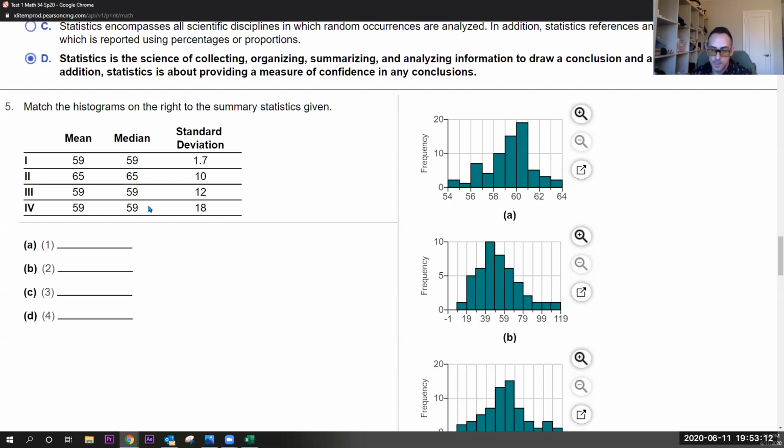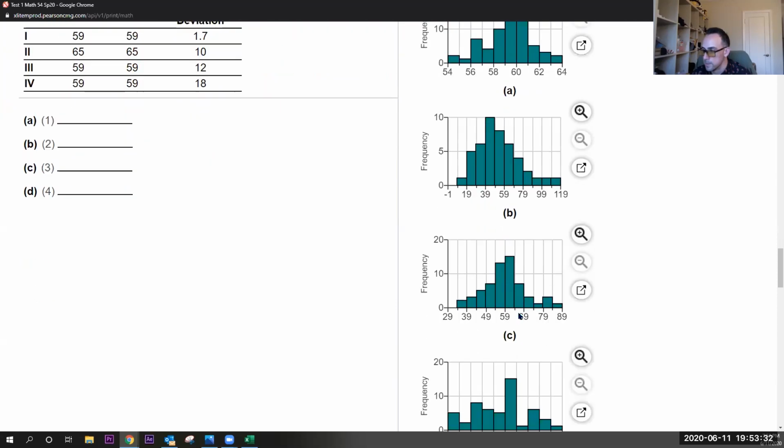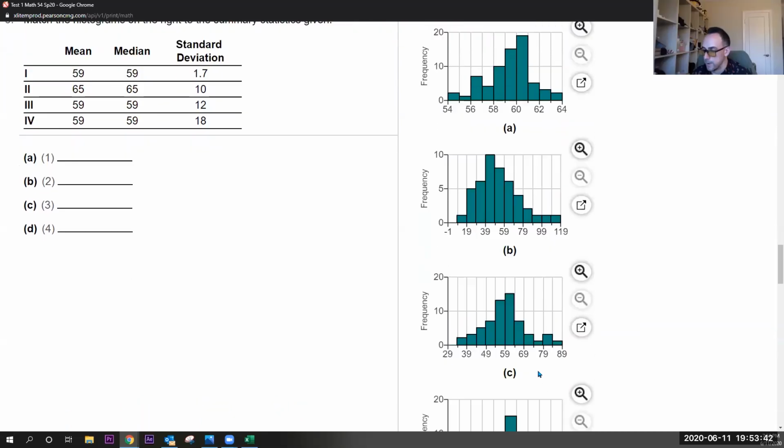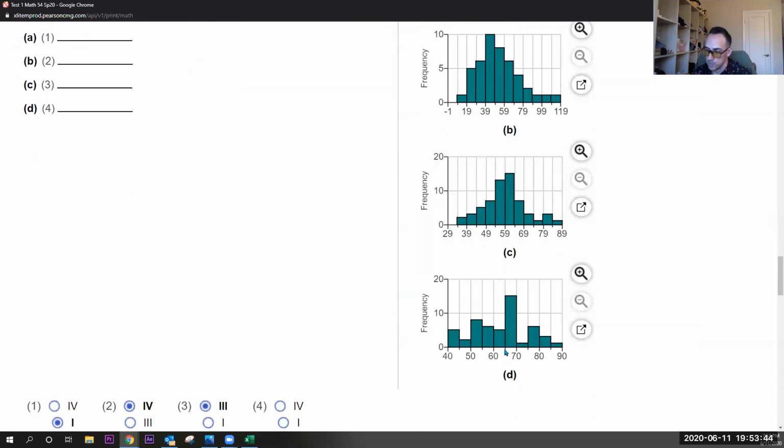That tells us the first thing we should look for: which one is different from the others? Which one is centered at 65? This one seems to be centered around 59, right in the middle somewhere. This one seems to be centered right here, like 59. This one seems to be centered around here, 59. So this one down here has to be the answer because it's centered here, which would be 65.